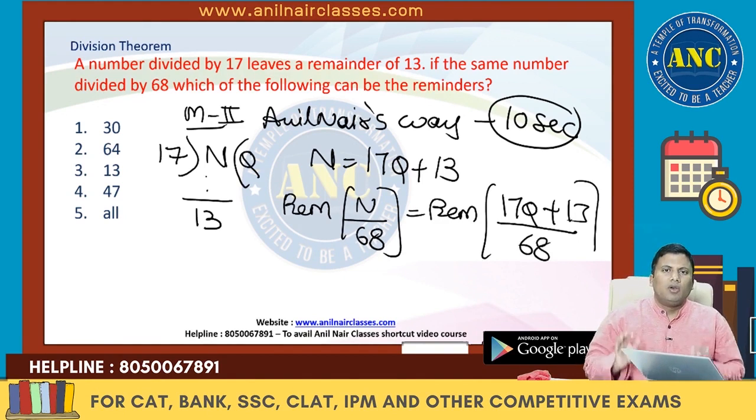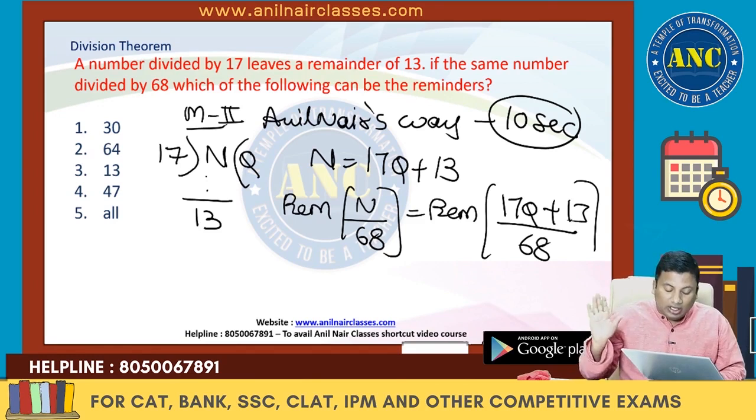Now tell me which multiple of 17 will be divisible by 68. What should be the lowest value of Q that will make 17Q divisible by 68? Q value lowest is 4.